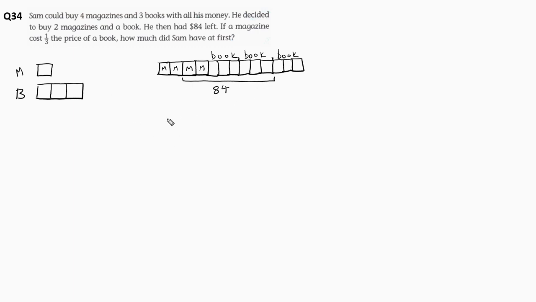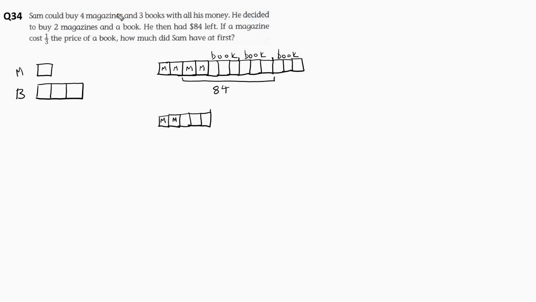Let me draw it another way, and this is how I would think of it, and I think I would find it easier this way. So I would think about what he does buy. So I would put 2 magazines. Okay, these are my 2 magazines, and he buys 1 book. Remember a book is 3 parts, so that's 1 book.